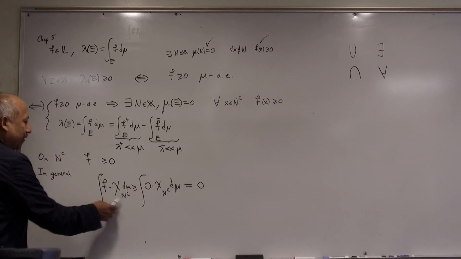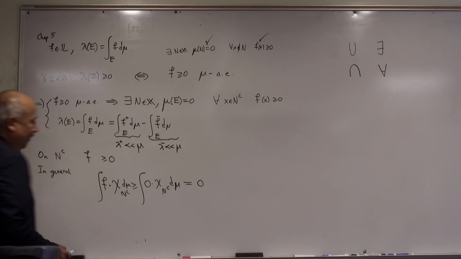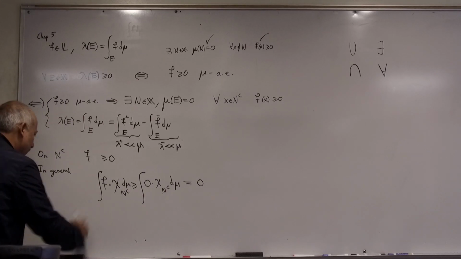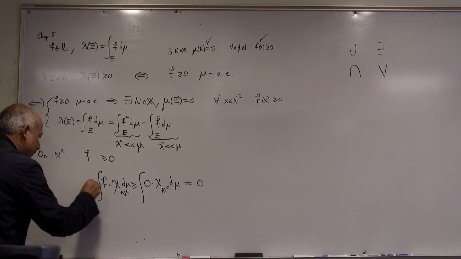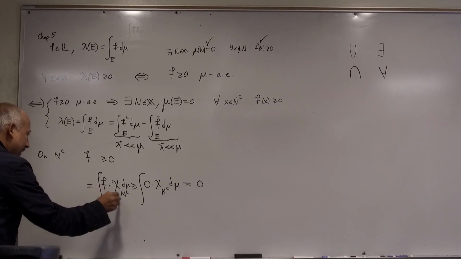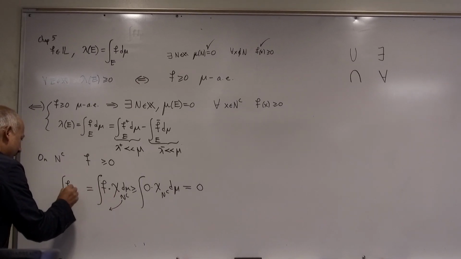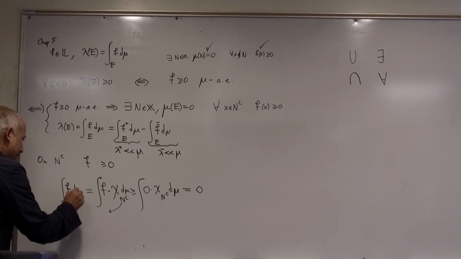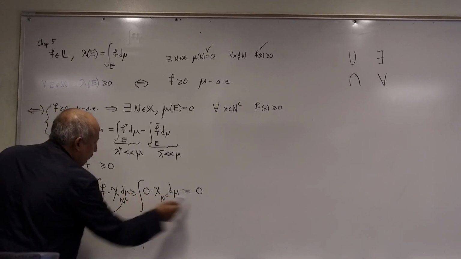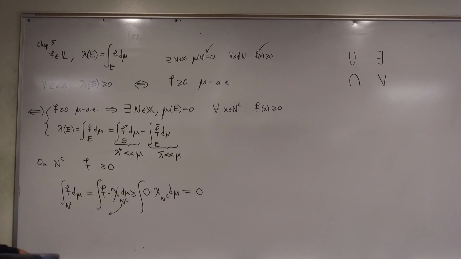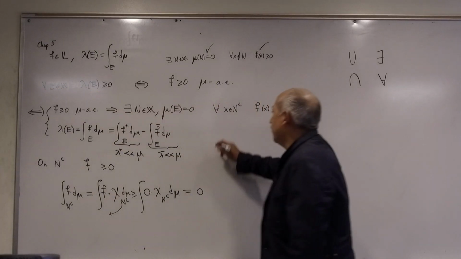So therefore this integral is 0, right? In other words, we do the same thing that we did before. This N goes down, so this becomes what? The integral of f on N complement d mu is greater than or equal to 0, right? And that's it. Now we finish.